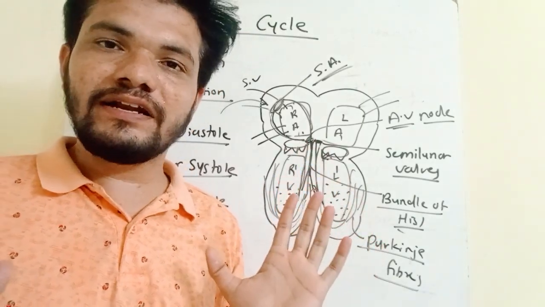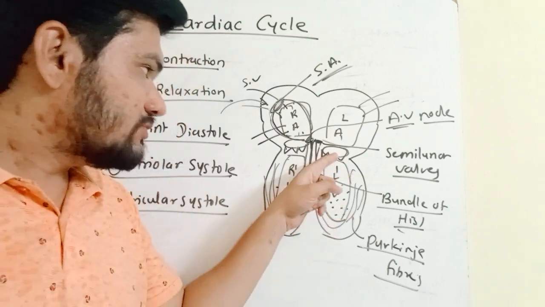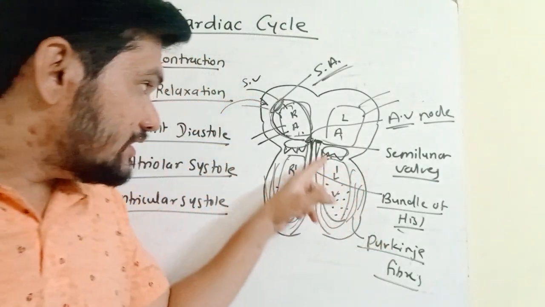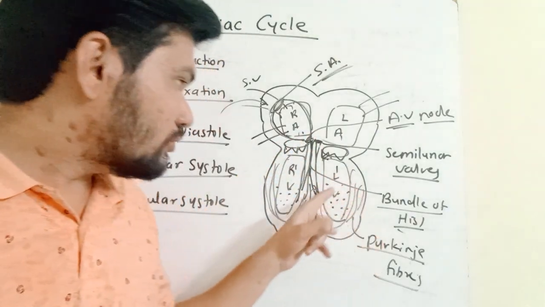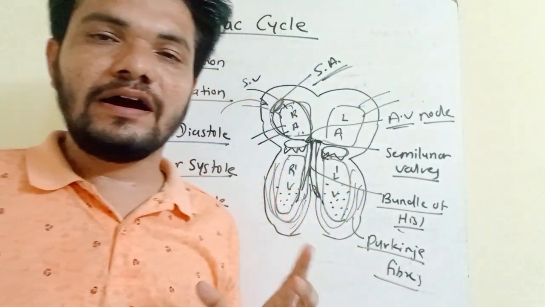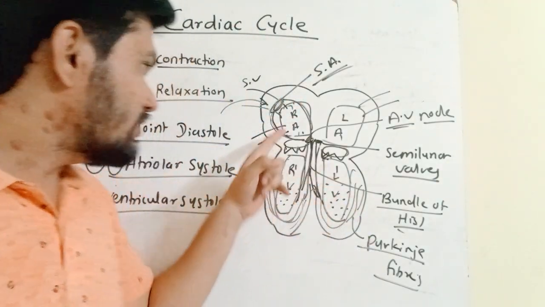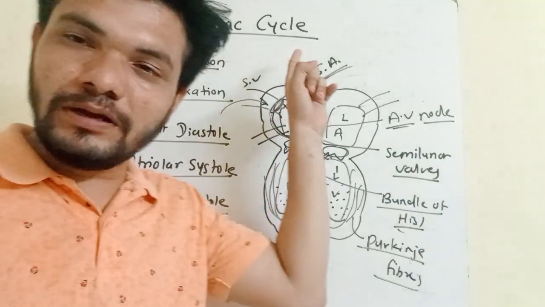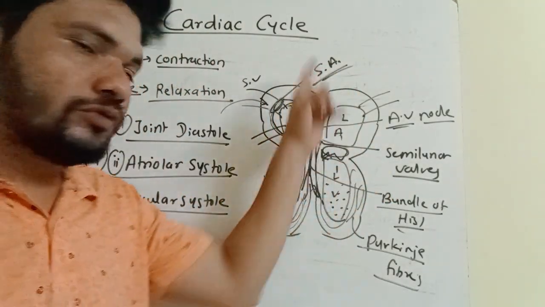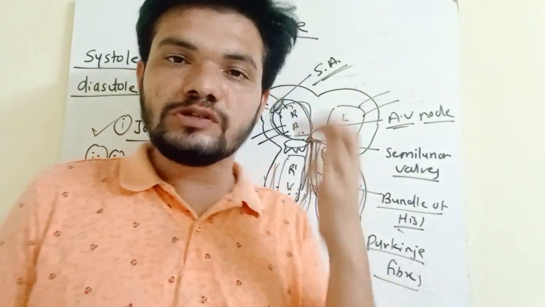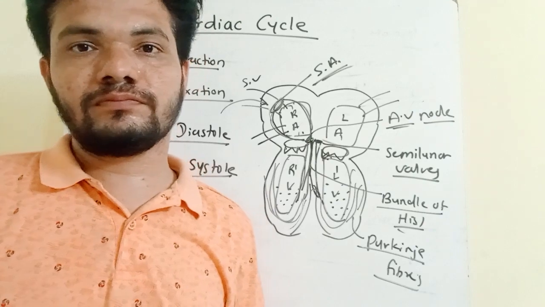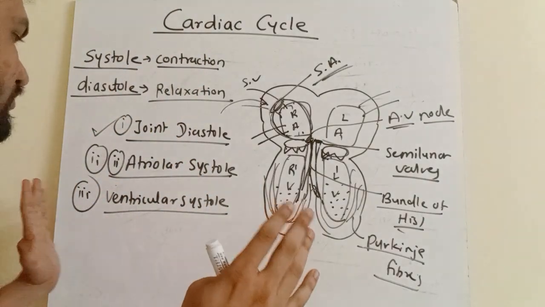Because pressure in the ventricles is increased, these valves should be closed to prevent backflow, and these valves should be opened so that blood can move into the aorta and pulmonary artery. So this deoxygenated blood will move to the pulmonary artery, and this oxygenated blood from the left ventricle will move towards the aorta, which is responsible to transport this oxygenated blood towards your body. So this is the third step, which is ventricular systole.